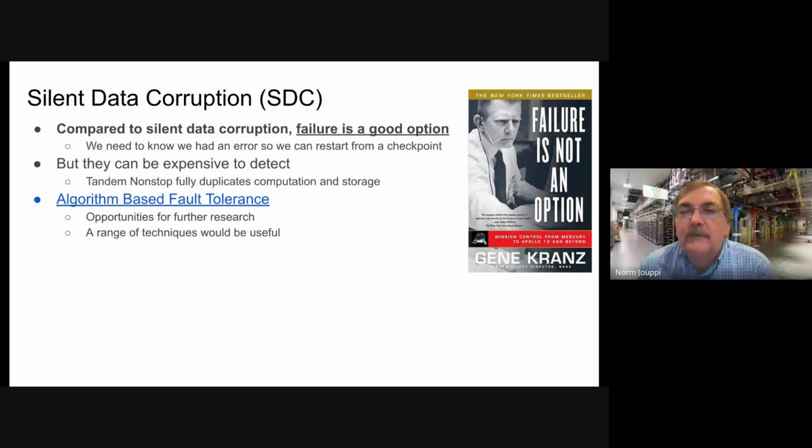I don't know how many of you are space flight fans, but I grew up during the Apollo era, and I like reading the books about the space program. And Gene Kranz's "failure is not an option." And for us, compared to silent data corruption, failure is a good option.